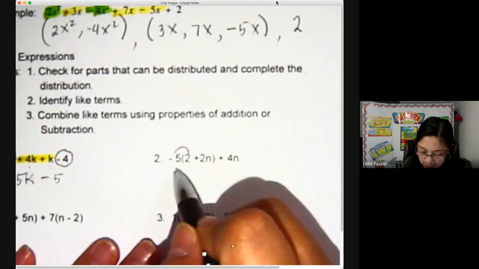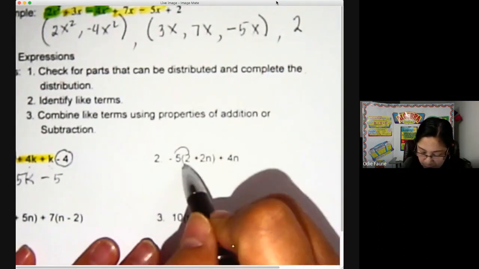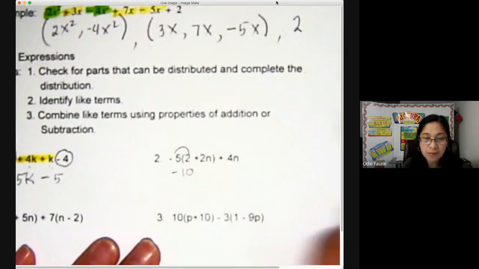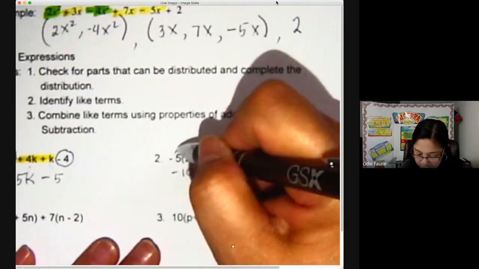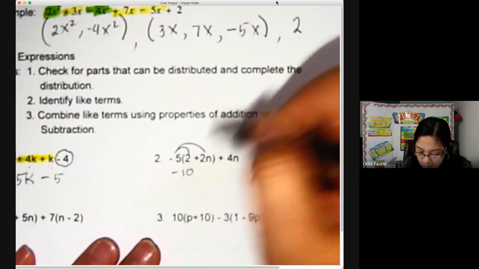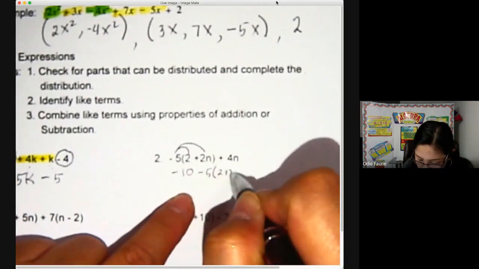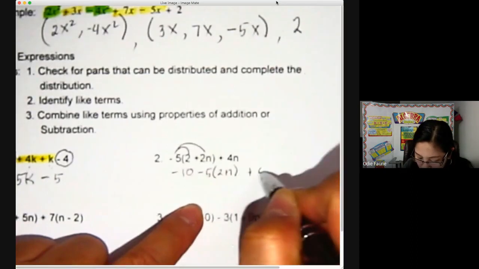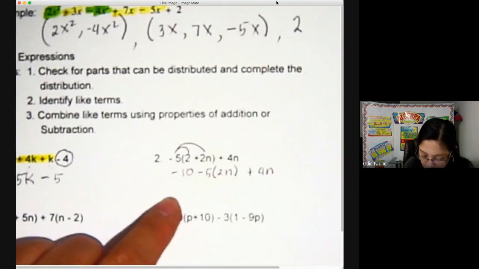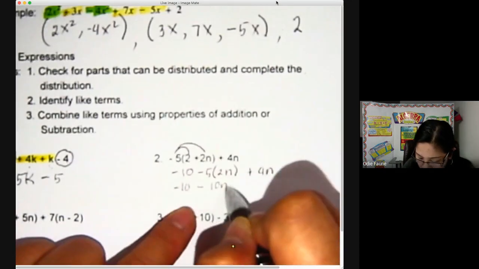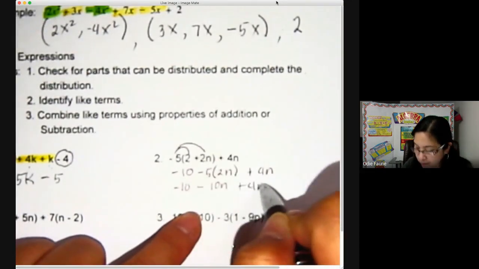So negative 5 times 2 is negative 10. And then negative 5 times 2n. We distribute it first, then plus 4n. So we have negative 10 minus 10n plus 4n.